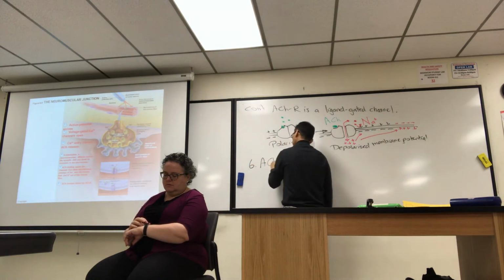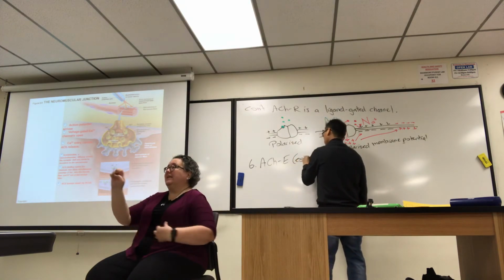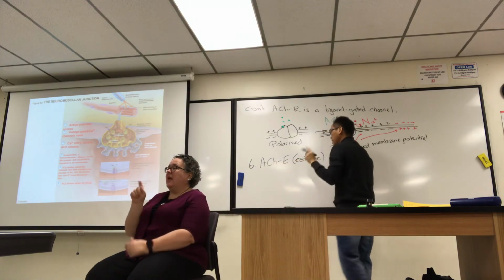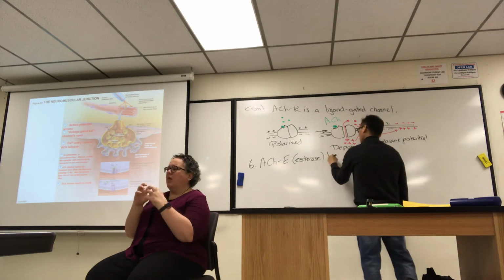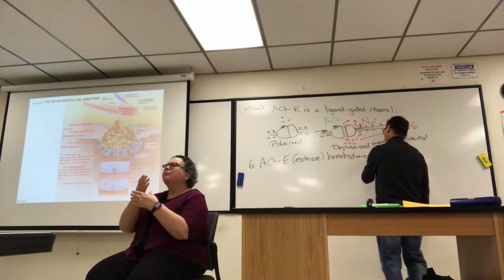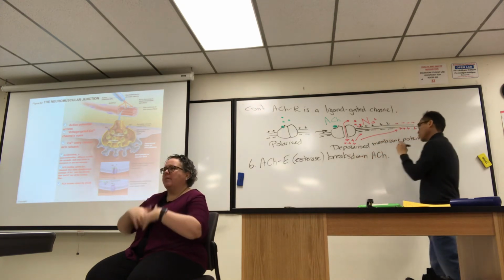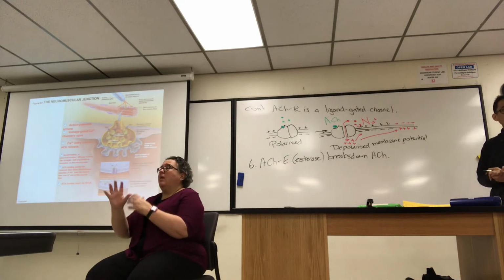So ACHE, the E stands for esterase. Just think of it as an enzyme that breaks down ACH. So if ACH is removed from the synapse, the muscle can now relax.